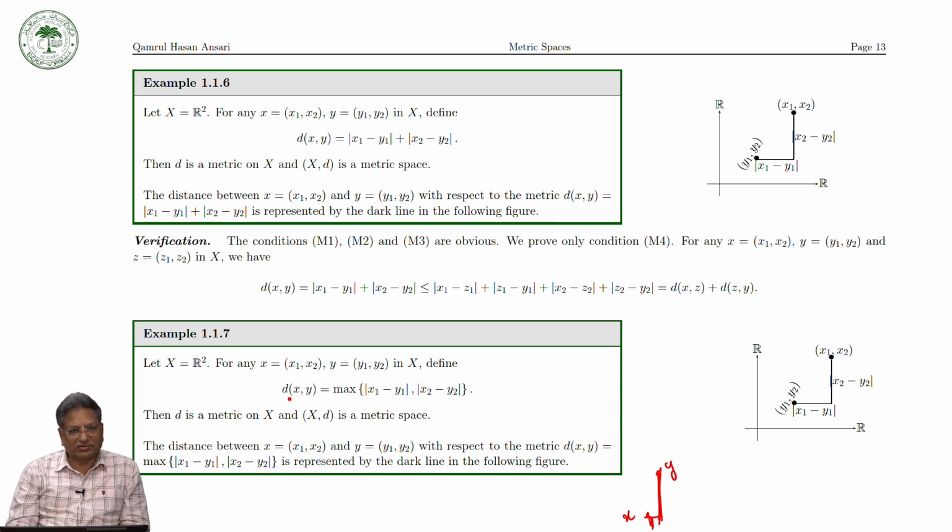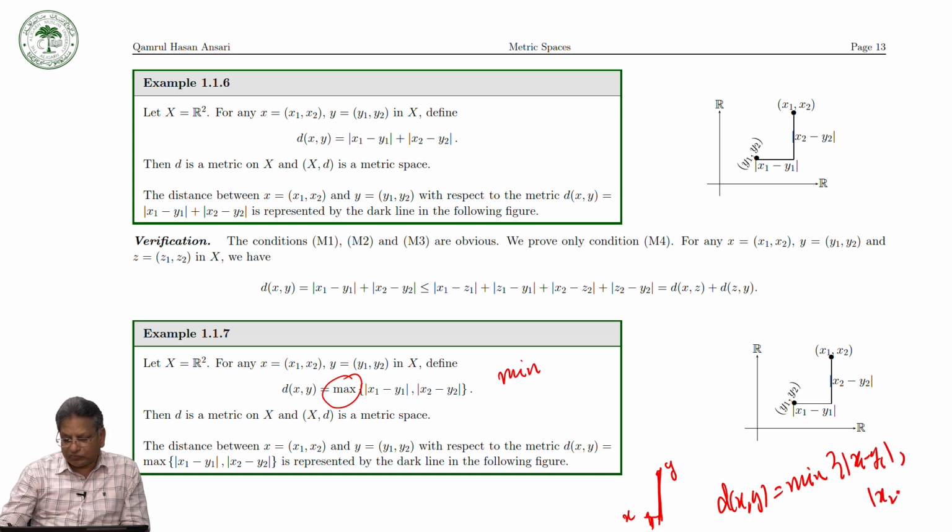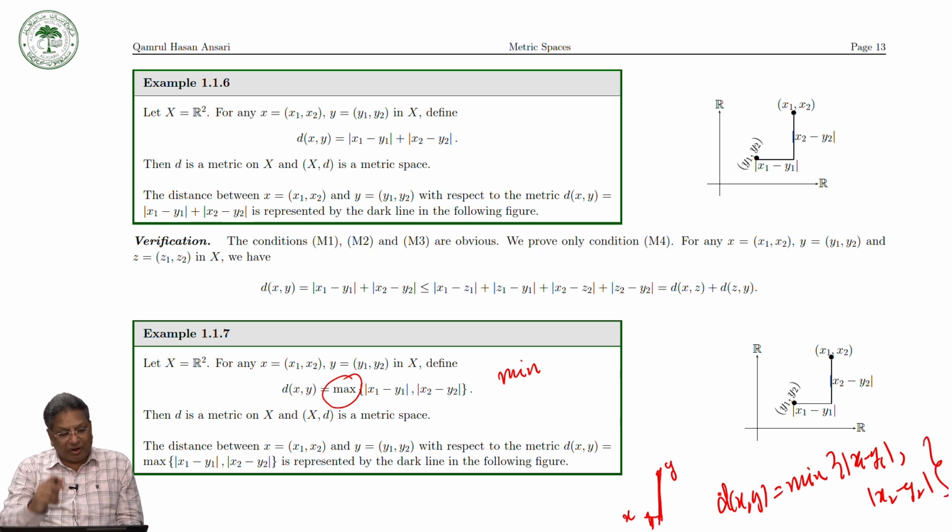Now the question is, can we say that instead of the maximum, if I take the minimum, that is to say dxy is equal to the minimum of mod of x1 minus y1 and mod of x2 minus y2, would it be a metric on X equal to R2? Try. Check whether this would be a metric on R2.